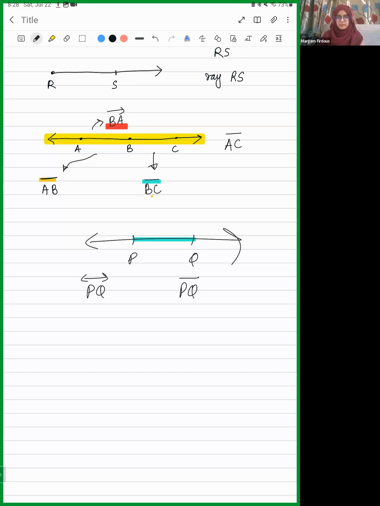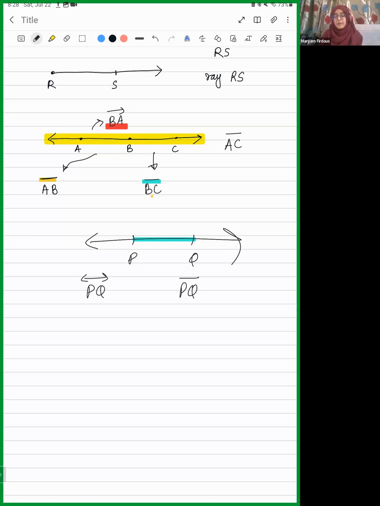It will be line segment ABC. Is it a line segment? What is the ending point and starting point then, if it's a line segment? It will be a line ABC.